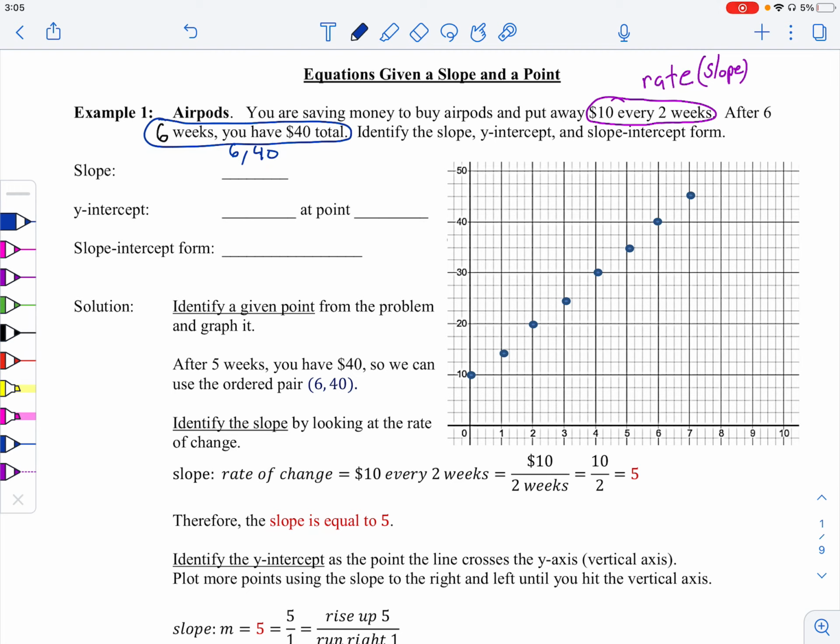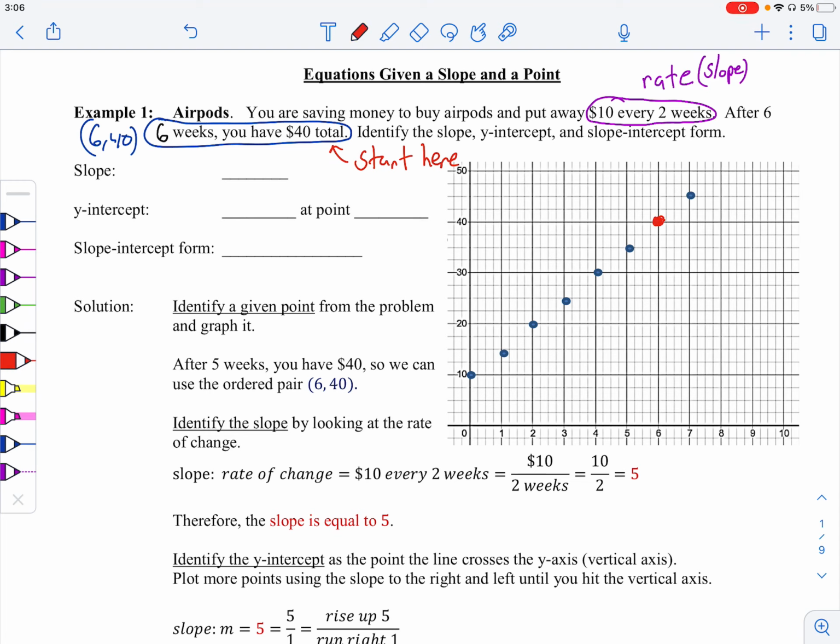Let me write that on the side. So 6 comma 40, we're going to start there. We always start at our point. Start here. So use (6, 40), 6 weeks, $40 is right there.